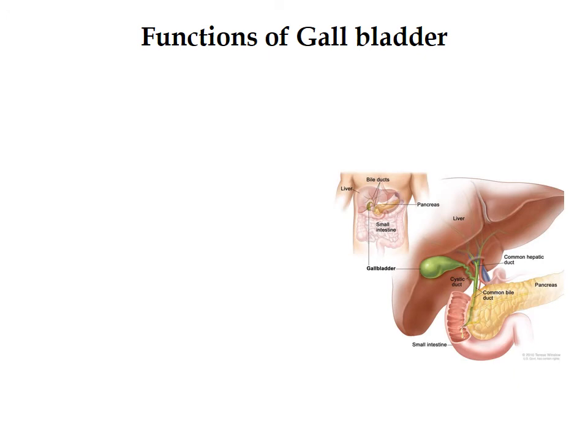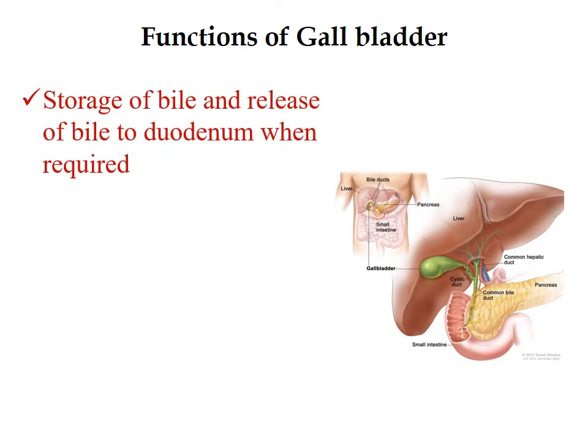Now let us see the functions of the gallbladder. The gallbladder stores bile and releases bile to the duodenum when it is required. Look at this picture. This is the gallbladder and this is the cystic duct, and you can see the ducts from both ends forming the common bile duct.